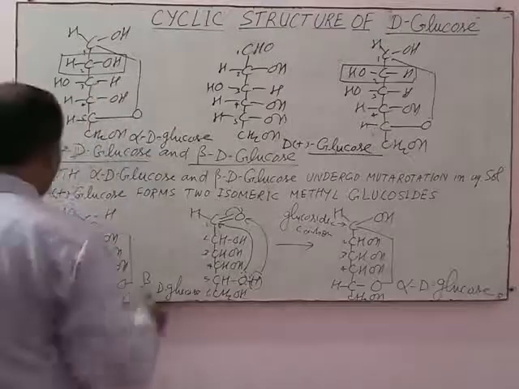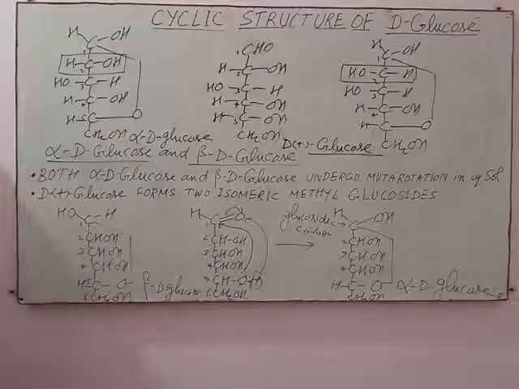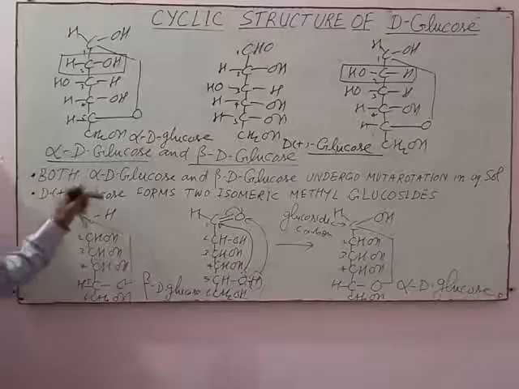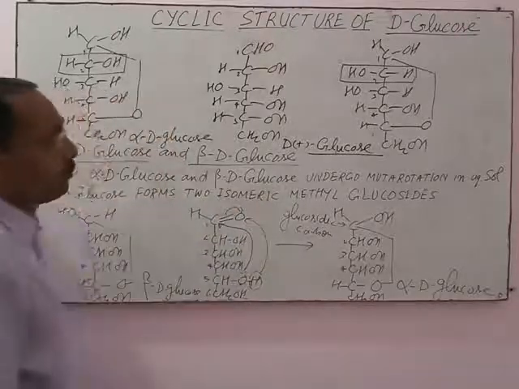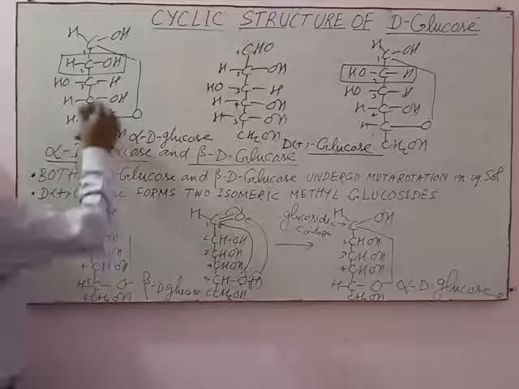Now the next limitation of the cyclic structure of glucose is that both alpha D glucose and beta D glucose undergo mutarotation in solution.